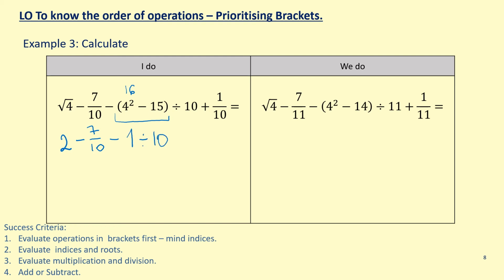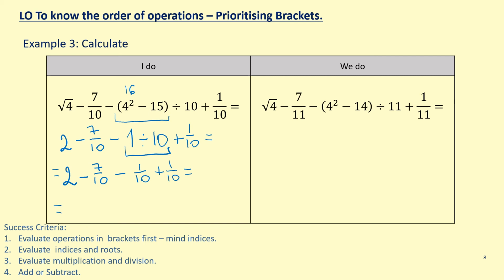Divide by 10 plus 1 over 10. So now I've got take away, divide, plus, add. So I have to do the division first. So it's 2 take away 7/10 minus 1 divided by 10 is 1/10 plus 1/10.